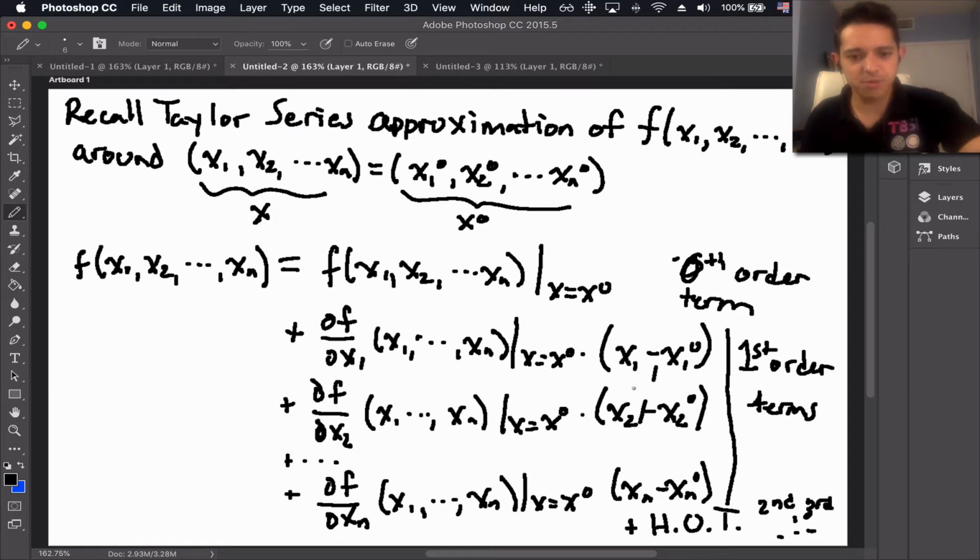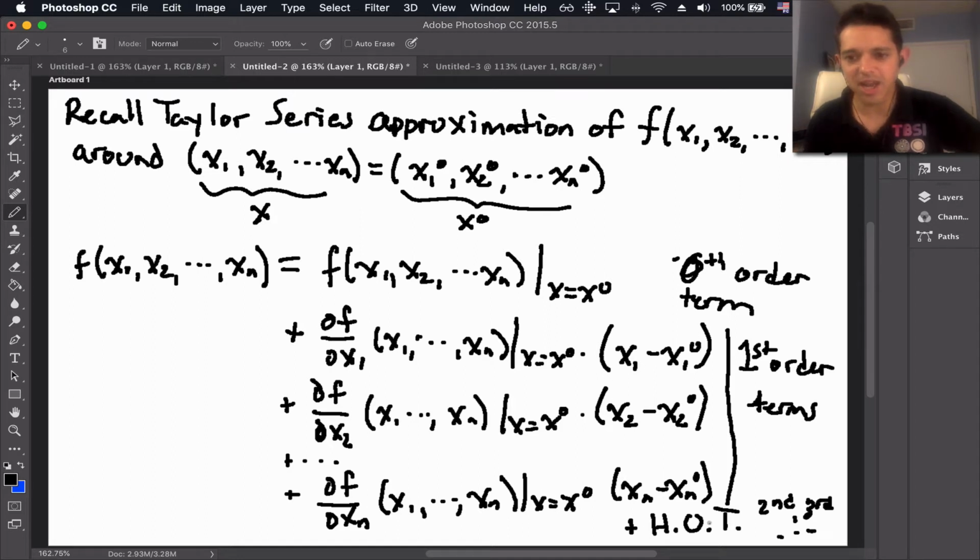The next set of terms here we call the first order terms because you can see that these derivatives, after we evaluate them at the nominal point x naught, get multiplied by xi minus xi naught, and this is linear in the xi's. Okay, so these are first order terms because they're linear in the x's.